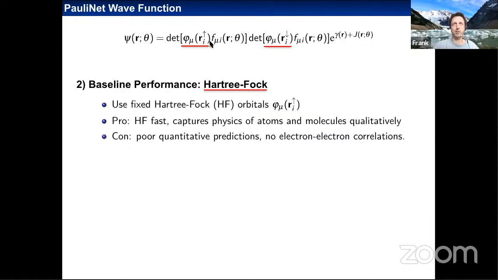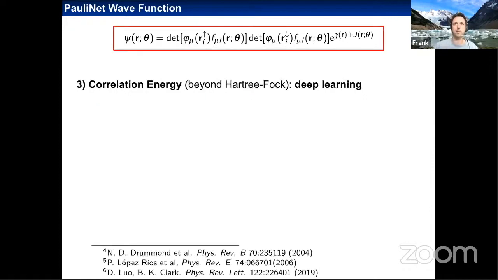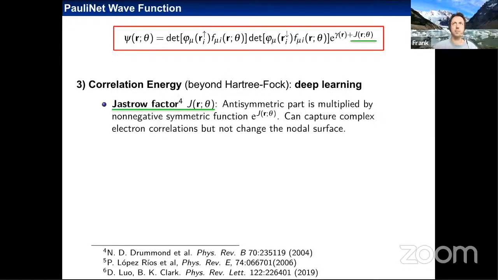So actually the backflow function is multiplicative. And that ensures, if we initialize this function properly, so that it's close to 1 in the beginning, then we will start with the Hartree-Fock solution, which is at least a more or less reasonable solution. Then we learn essentially corrections to this with deep learning.